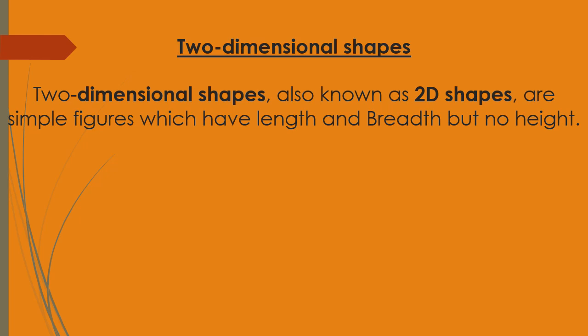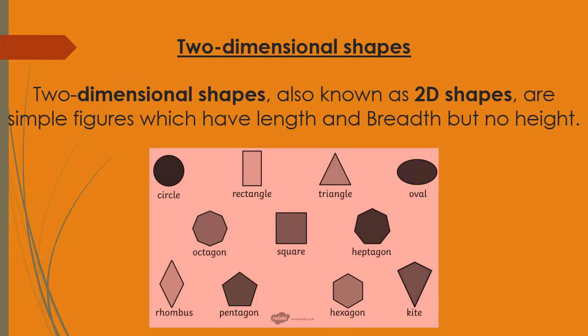Now we are going to study about two-dimensional shapes. Two-dimensional shapes, also known as 2D shapes, are simple figures which have length and breadth, but they don't have height. For example, look at these pictures.